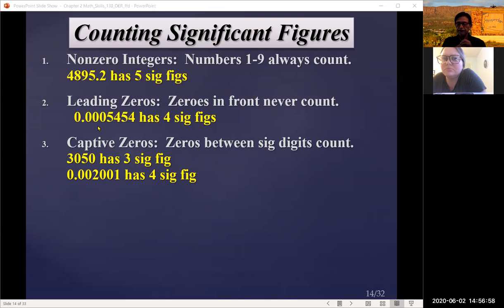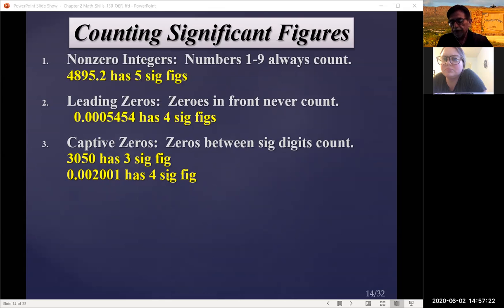All right. The second example, 0.002001: again, like rule number 2, the leading zeros don't count. But those zeros between 2 and 1 are between 2 whole numbers, and are therefore considered significant. So we have 4 sig figs for the second example.